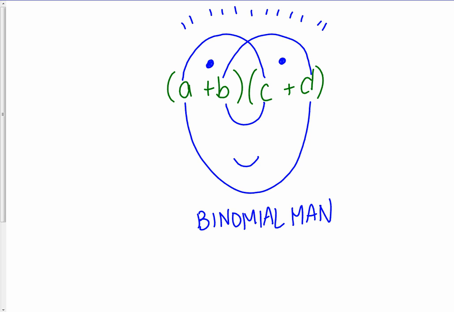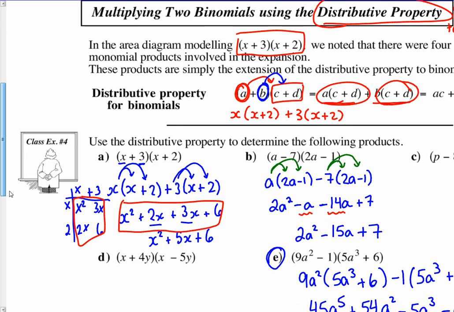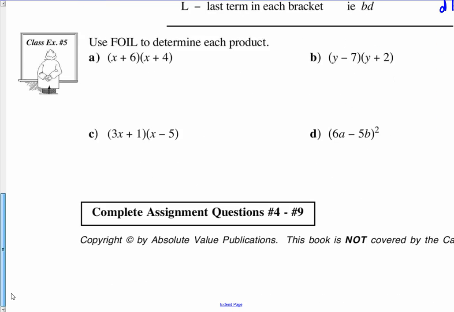He's so cute. So when we FOIL, guys, what we're doing is we're skipping a step with the distributive law.